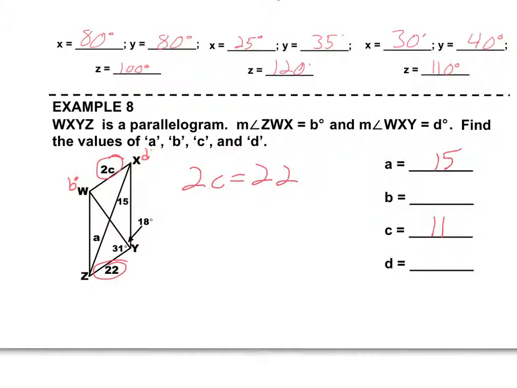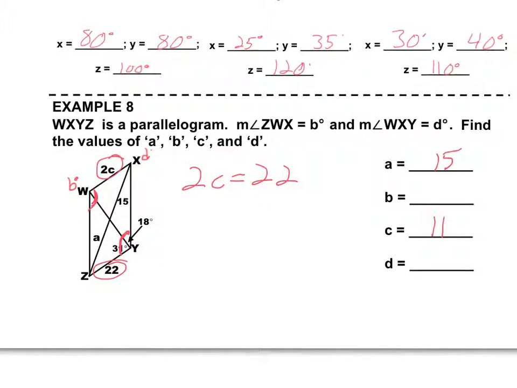Okay, how about ZWX, or what we've labeled with a B? That angle right there, what would B have to be equal to? Well, angle ZWX should be congruent to an opposite angle, which is from here all the way to here, which includes the 18 degrees and the 31 degrees.